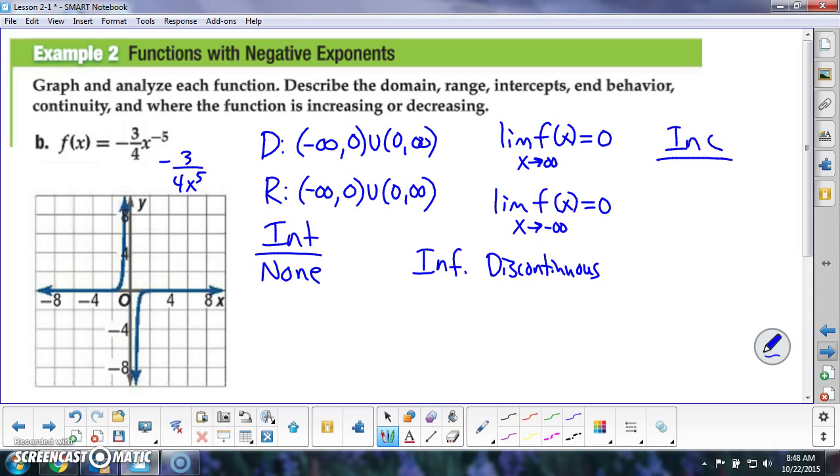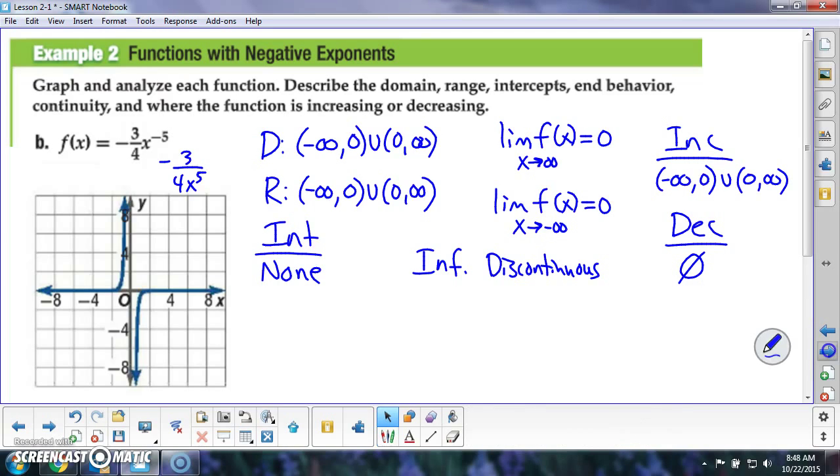It looks like it's increasing on the left side and also on the right side. It's increasing everywhere on its domain. Decreasing doesn't have any, none. So this is what you're going to be doing in class, is analyzing monomial functions.